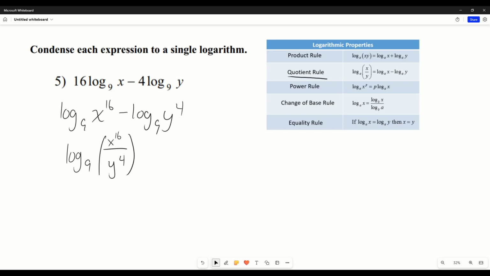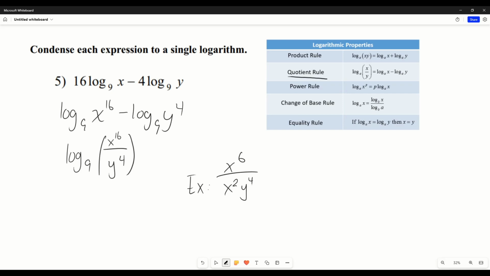Because when you think of exponent rules, or exponent properties, let me give you an example of why we do this. So if we have x to the 6th over x to the 2nd times y to the 4th, the quotient rule states that we can subtract these two exponents.